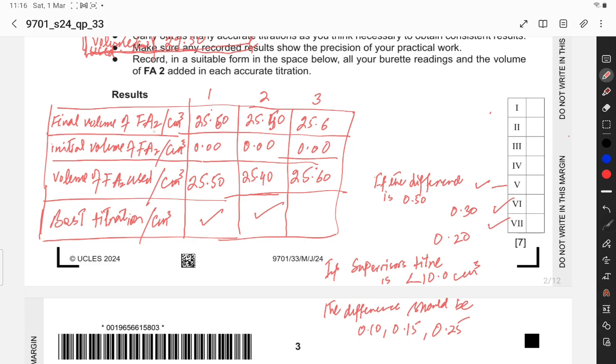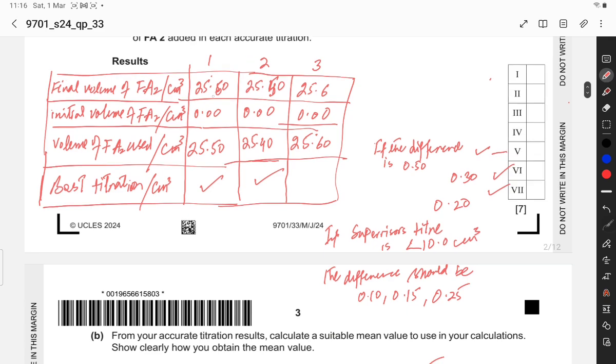Final volume of Fa2 is 25.60, and initial volume of Fa2 is 0.00, and this is the first reading, and this is the second reading, and this is the third burette reading.